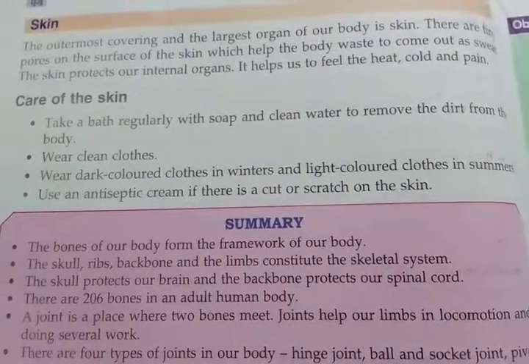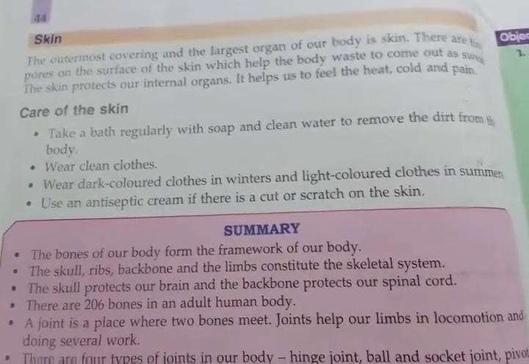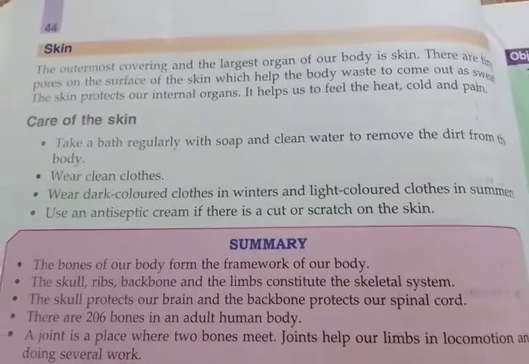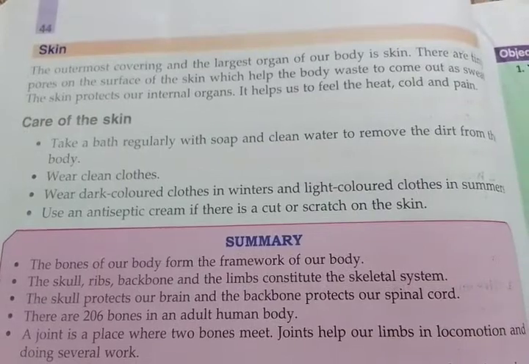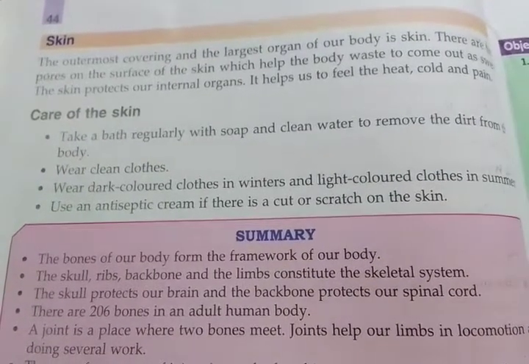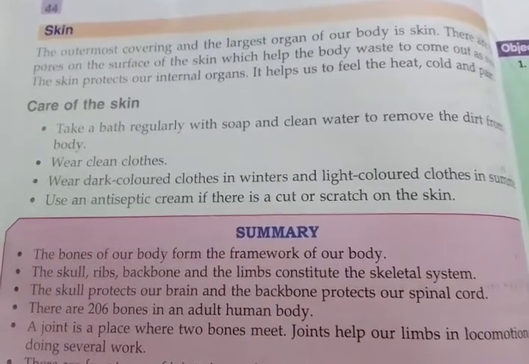Wear clean clothes. Wear dark colored clothes in winters and light colored clothes in summer. Use an antiseptic cream if there is a cut or scratch on the skin. In this way we can take care of our sense organs, and we should take care of them.